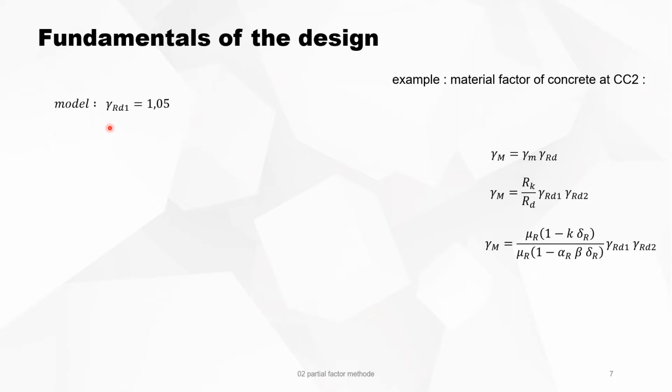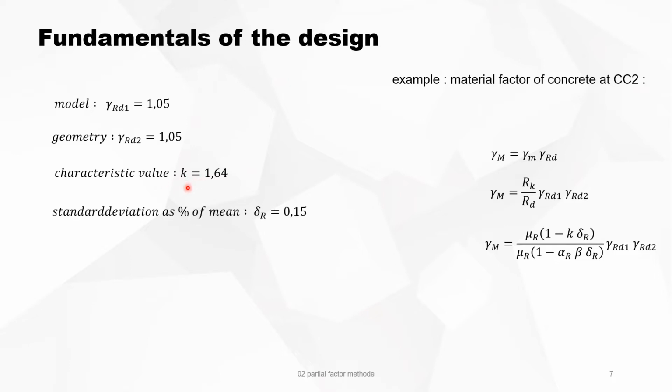So for the model, gamma RD1 is 1.05, and for the geometry, gamma RD2 is also 1.05. For a characteristic value, you arrive at K equals 1.64. The standard deviation can be expressed as a percentage of the mean, so delta R is 0.15, that is seen on site. The sensitivity factor is the standard deviation of the resistance divided by the standard deviation of Z, where Z is the resistance minus solicitation.